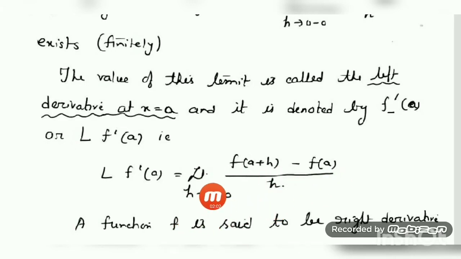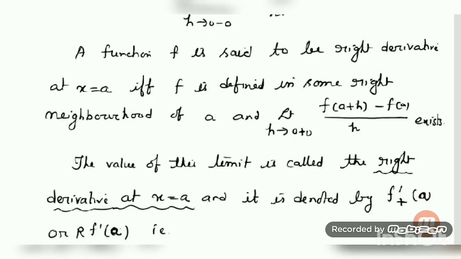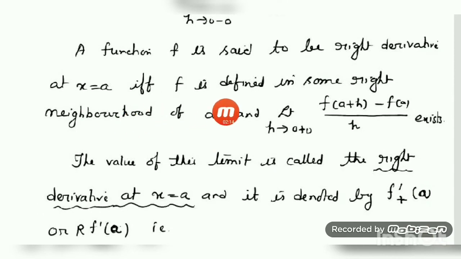Similarly, if I consider this limit as h tends to 0 plus 0, we call it the right derivative. A function f is said to have a right derivative at the point x equal to a if and only if f is defined in some right neighborhood of a, and limit h tends to 0 plus 0 of f of a plus h minus f of a by h exists. This limit exists from the right side, since 0 plus 0 lies on the right side of 0.